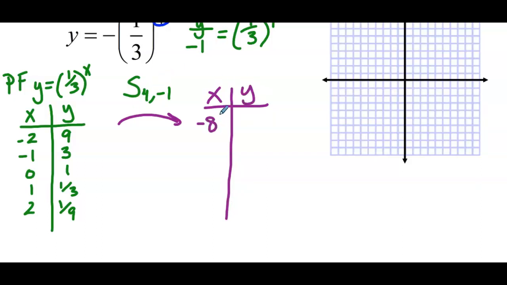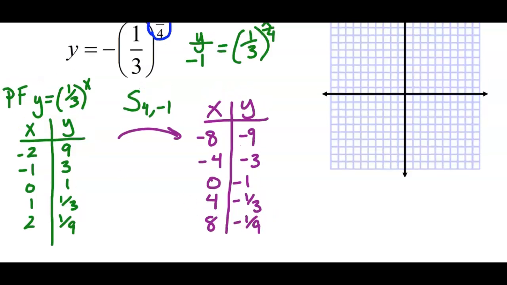So we get (-8, -9), (-4, -3), (0, -1), (4, -1/3), and (8, -1/9).